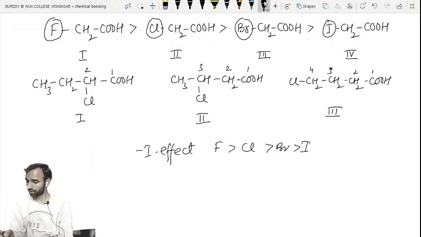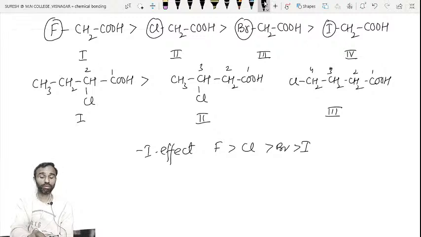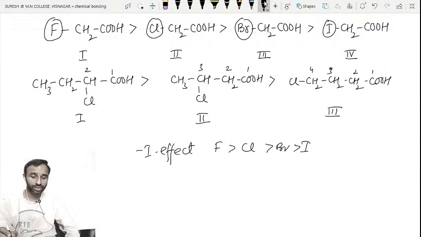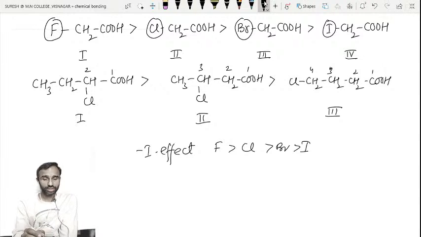So the order is, yes, because the minus I effect is maximum in the first case, less in the second case, and least in the third case. So 2-chlorobutanoic acid is more acidic than 3-chlorobutanoic acid, and then 4-chlorobutanoic acid. That's it. Okay.